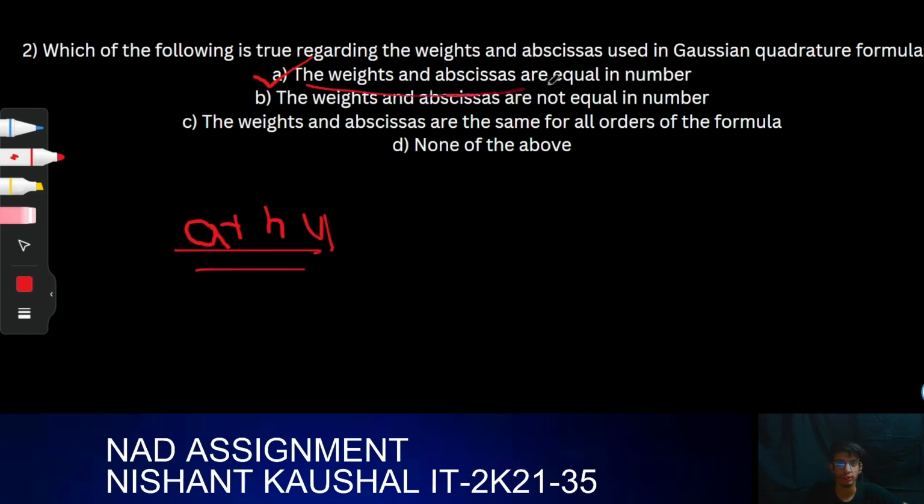So weights and abscissas are equal in number. This is true. The next option, weights and abscissas are not equal in number, is not true. The weights and abscissas are the same for all orders of the formula. No, these values can change, right? So the weights and abscissas are equal in number. This is true.